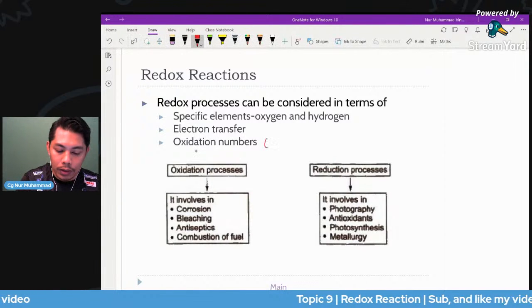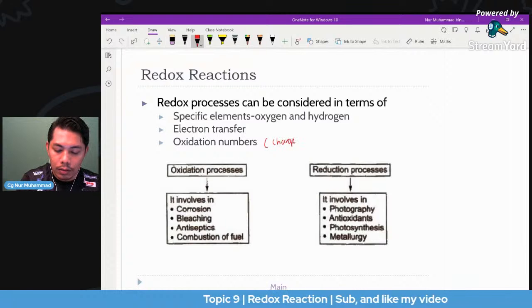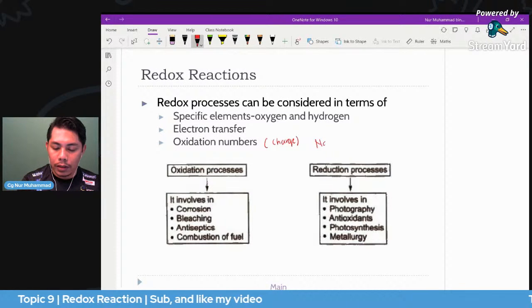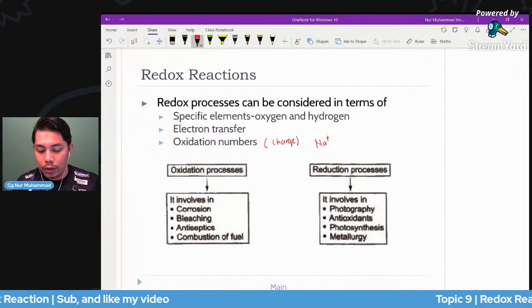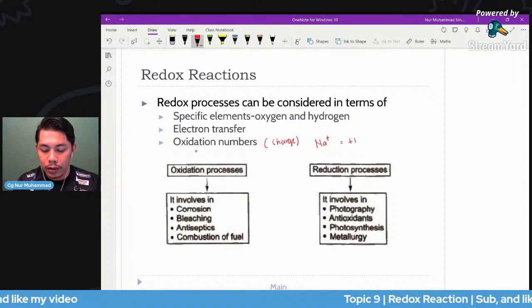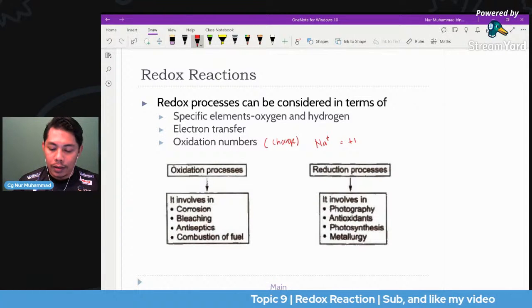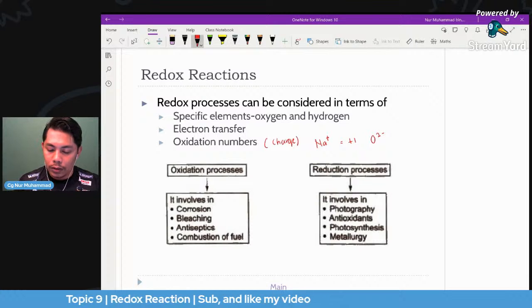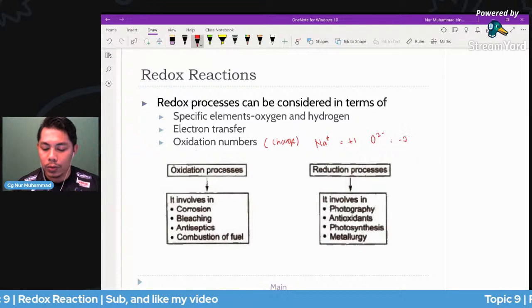Contohnya, oxidation number of Na+ is positive 1. Nampak, oxidation number for oxide ion is negative 2.